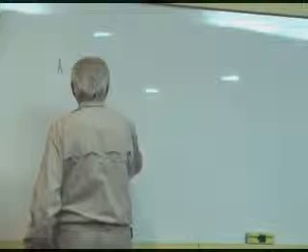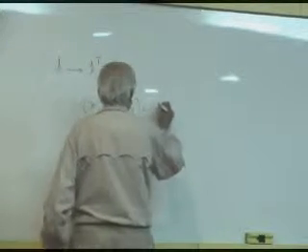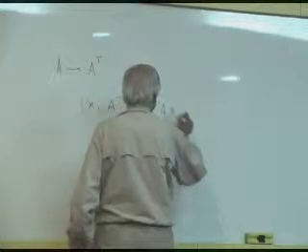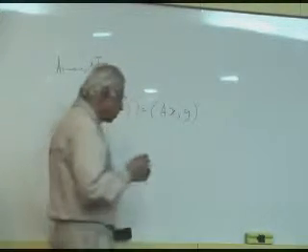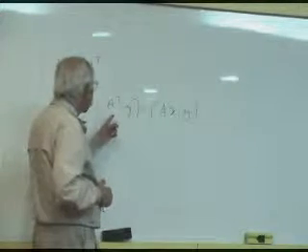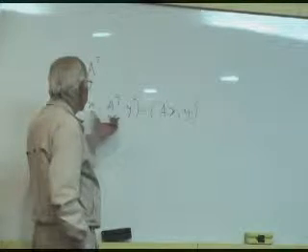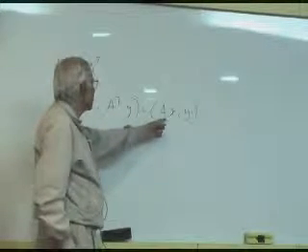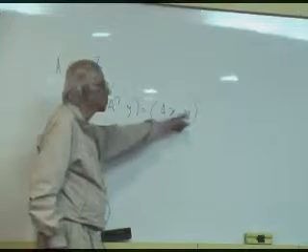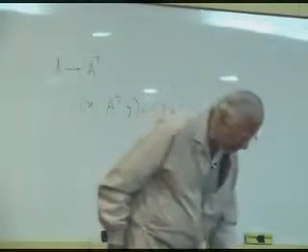Basically it is stated in terms of scalar product: for any vectors x and y, the transpose of A is a linear operator such that the inner product of A transpose y with x should be equal to the inner product of y with Ax. This is the defining equation for the transpose.